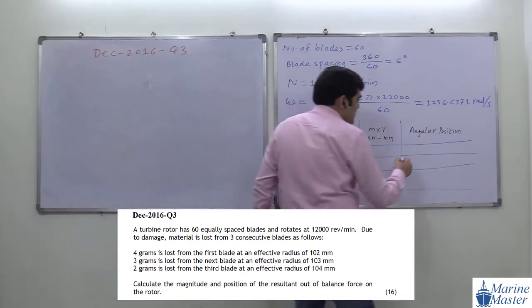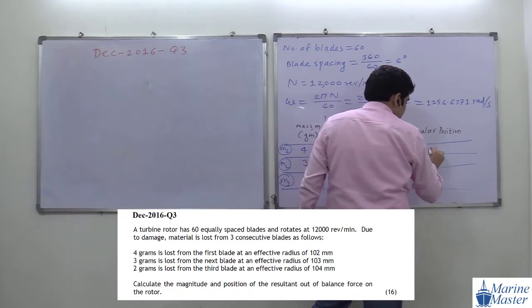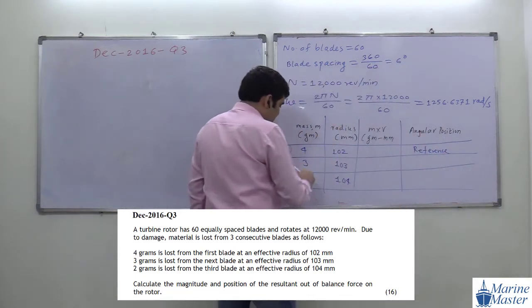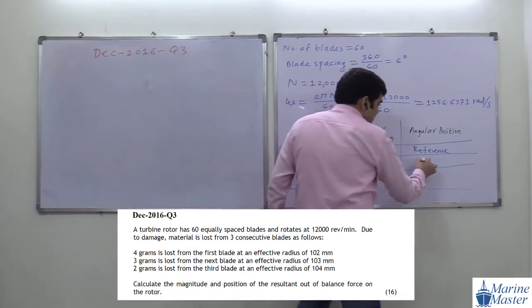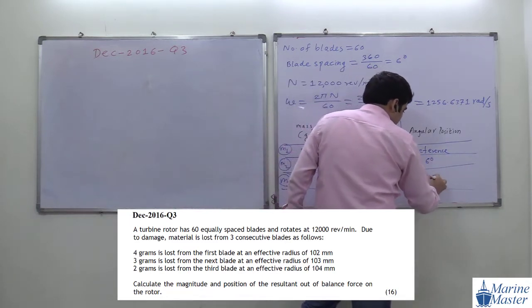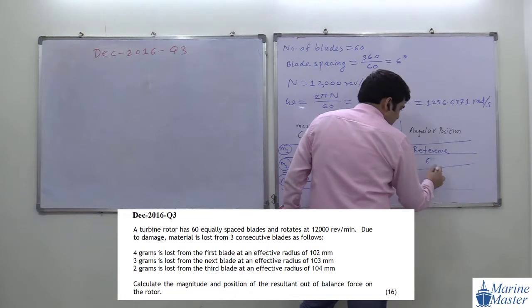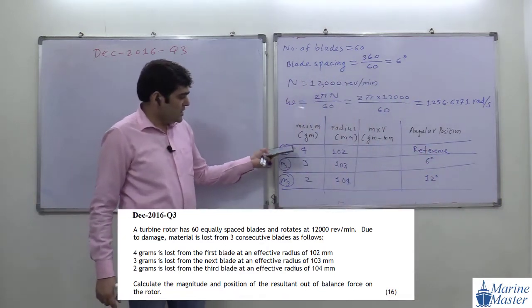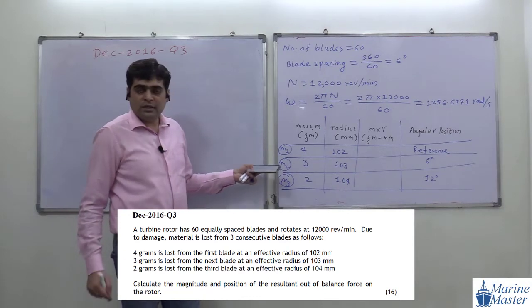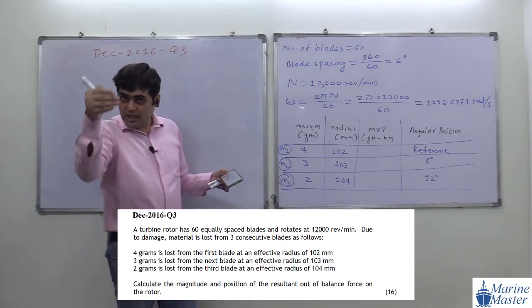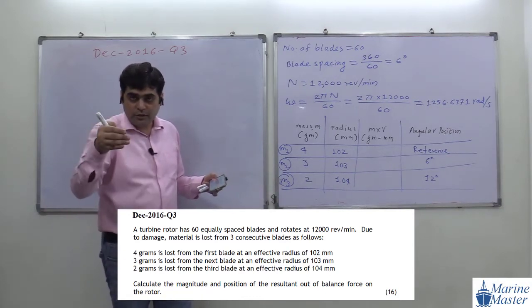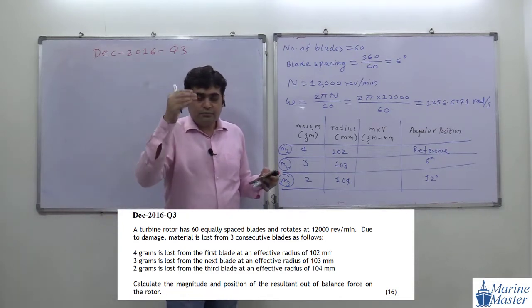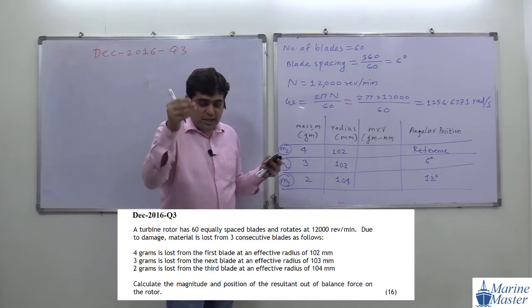If we consider mass 1 as a reference, then with respect to mass 1, the second will be at 6 degrees angle and the third at 12 degrees angle. So m1, m2, m3, we are losing 3 masses from 3 consecutive blades.